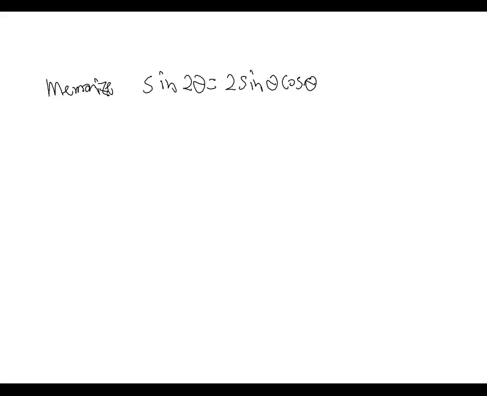So that's 2 times n times the symbol for pi, not the letters. Then for tangent and cotangent, you're just going to add nπ. So that's n times pi. Again, n is an integer, and an integer just means a whole number, but it could be positive or it could be negative.